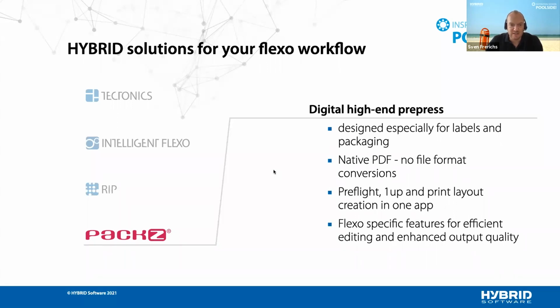And we've seen that it can do a lot concerning the checks, being aware where you have to work on, perhaps doing tonal value corrections with curves or even with color profiles. So there is really a lot that PACKS can do for you. And at the same time, what we've seen today is just a very small excerpt of what it can really do. So this was the Flexo story.